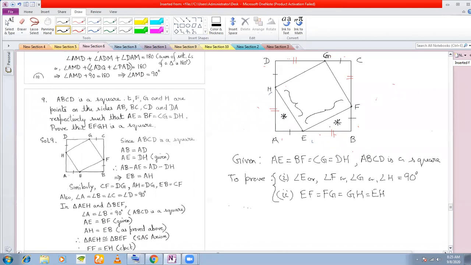If I can show that these two triangles are congruent, then by CPCT I can say that these two sides are equal. Okay, so can we show that these two triangles are congruent? Yes, we can, but we'll come to that part a little later. Suppose we can show that these two triangles are congruent. So we have shown that these two triangles are congruent, and therefore these two must be equal. So we have shown that the adjacent sides of this quadrilateral are equal.